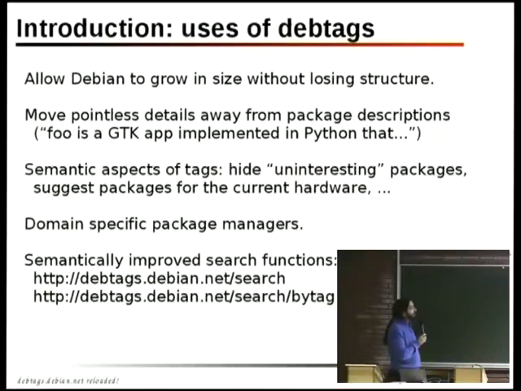It did have a very nice side effect that you can move technical details away from package descriptions. If you see a package whose description is, this is a Perl utility with a GTK interface to do something, then you can just take away all that and say this is a program to do something.